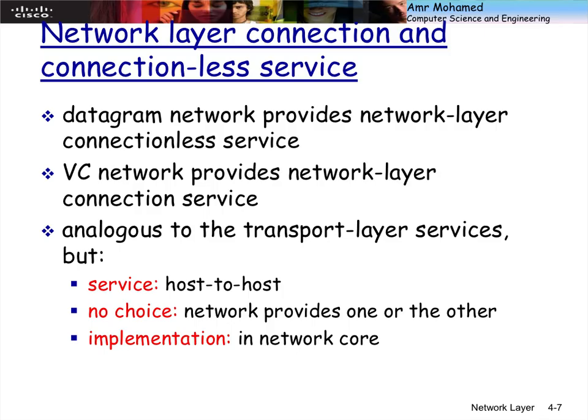Here we're talking about logical circuits end to end between individual hosts, at the router level. So the datagram network provides network layer connectionless service, which means I don't have to establish a virtual circuit before I send the packets. So these are the two possibilities.